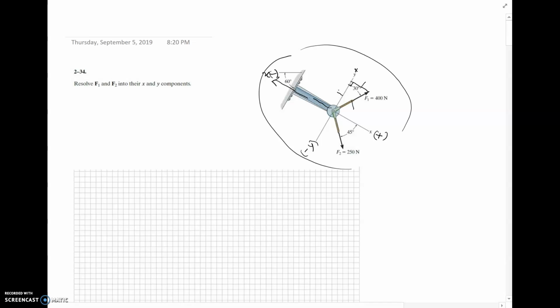So from trigonometry we can say cos theta is equal to adjacent divided by hypotenuse.